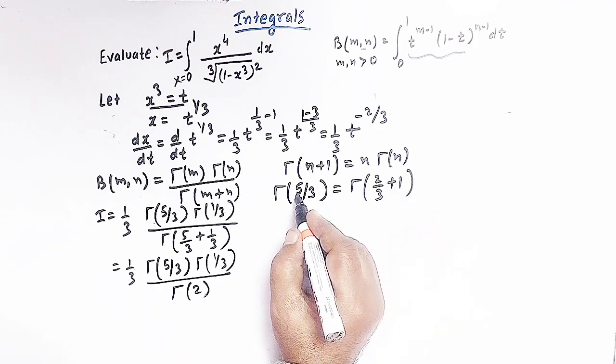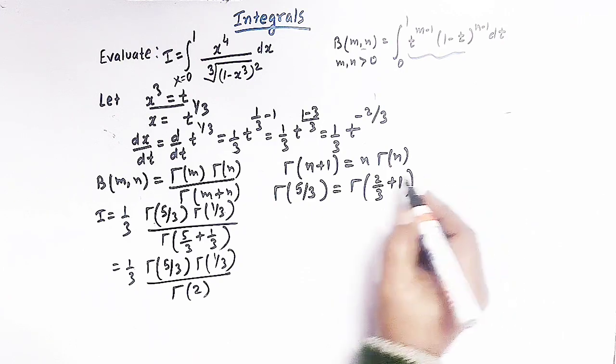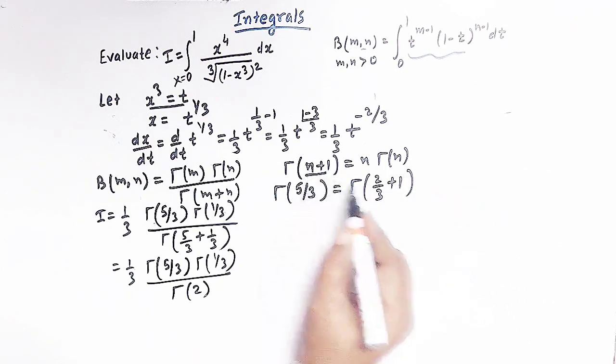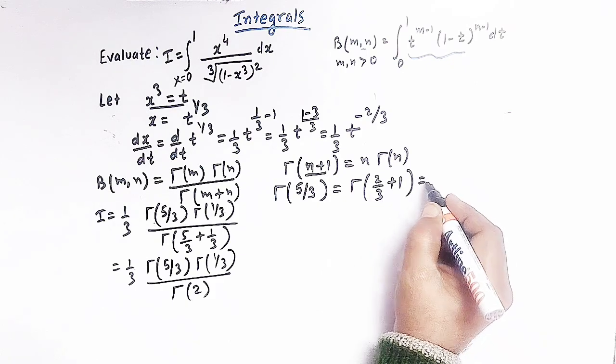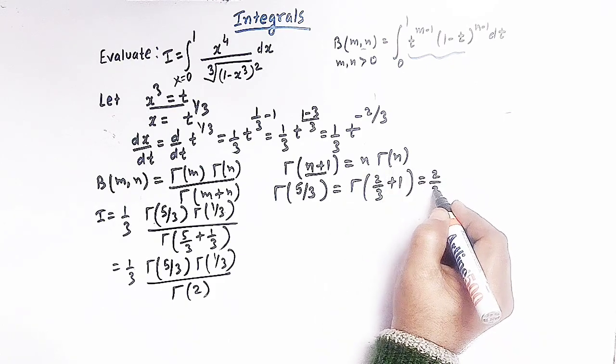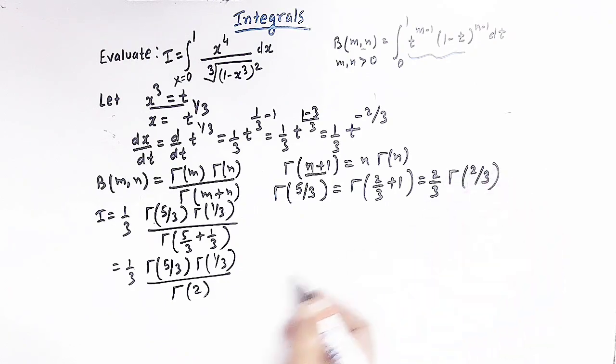Right? So we can split 5 over 3 as 2 over 3 plus 1. So if we compare this expression with this one, then n is 2 over 3. So here we can now use this expression. So we have 2 over 3 times gamma 2 over 3.